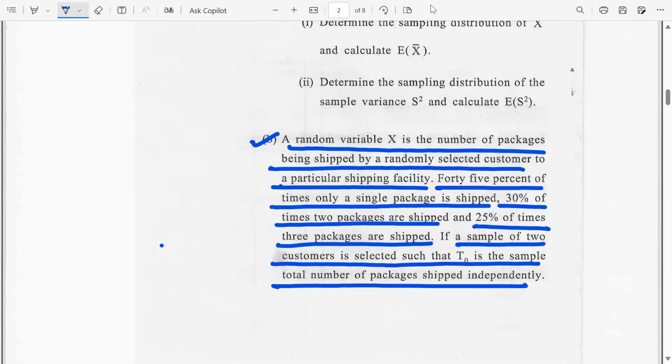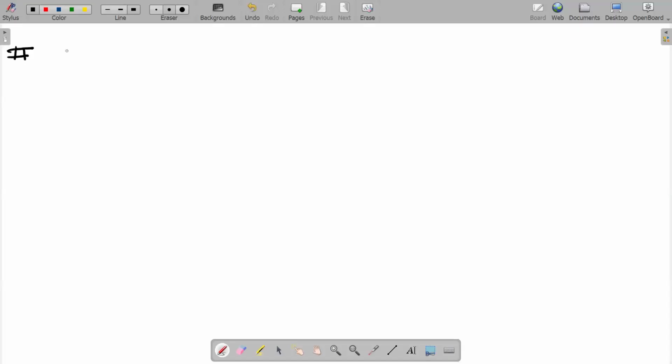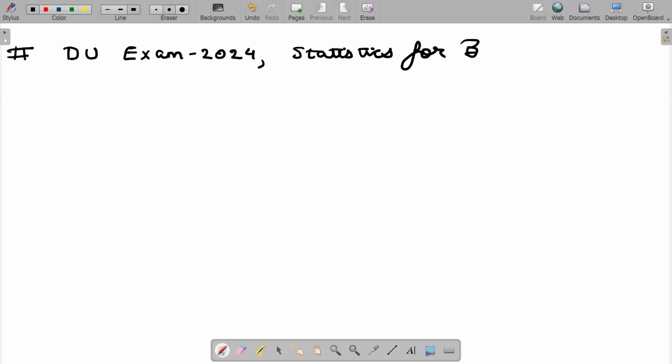Just coming to the whiteboard, I'm writing the main heading for completeness. This is Delhi University exam 2024. Name of the course is Statistics for Business Economics, Part 2.